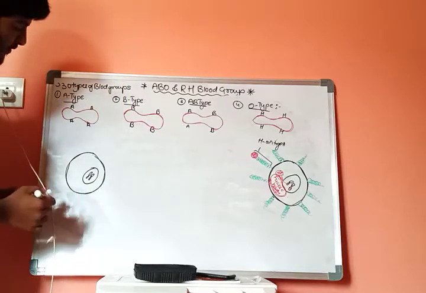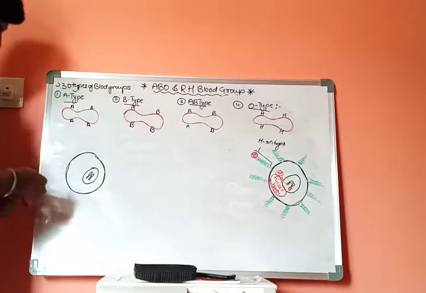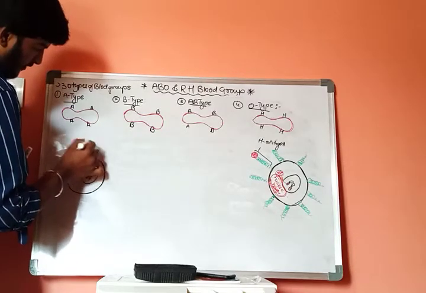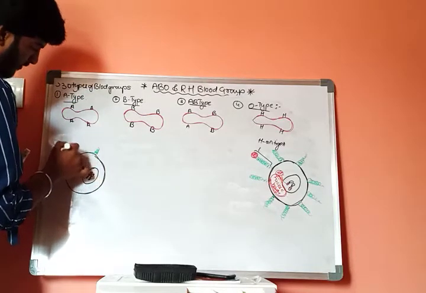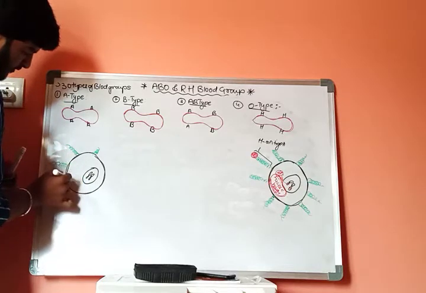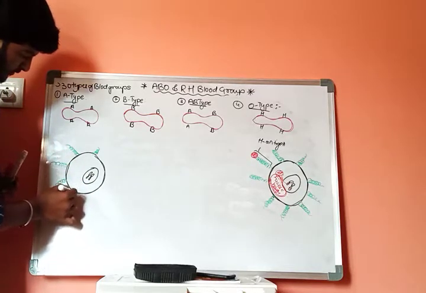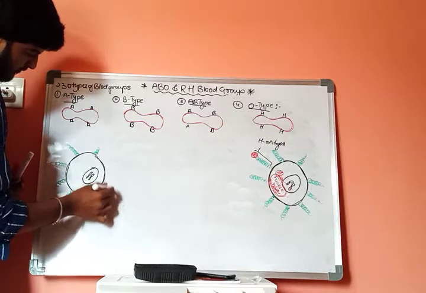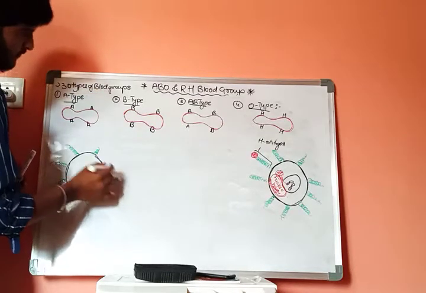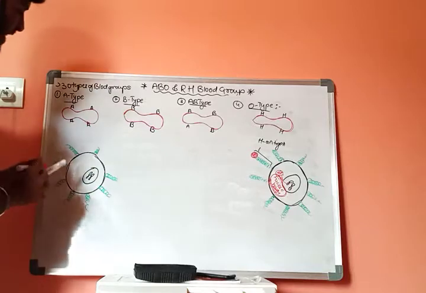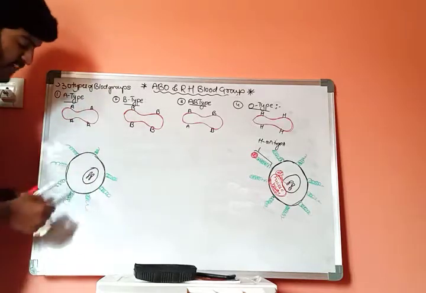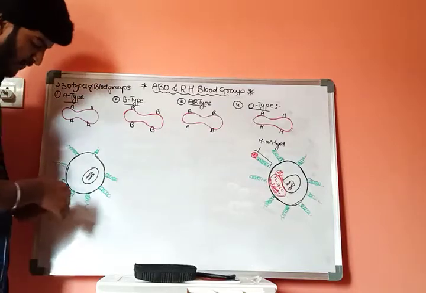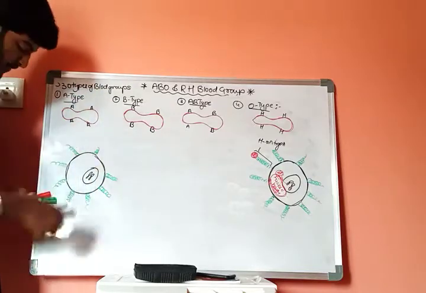Along with this, it contains oligosaccharides. This ninth pair of chromosomes is 2 in number, one comes from the mother and the other comes from the father.